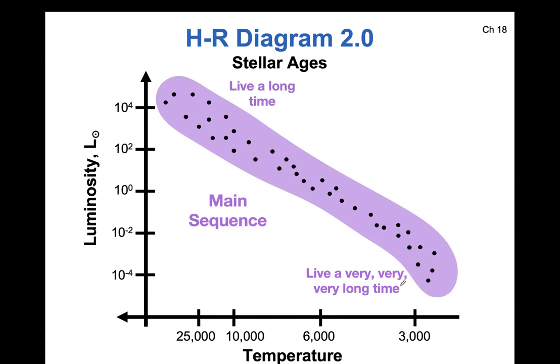Except it's reversed, because the very low mass stars live the longest and the very high mass stars, which are also the very luminous, high temperature stars, live the shortest amount of time.